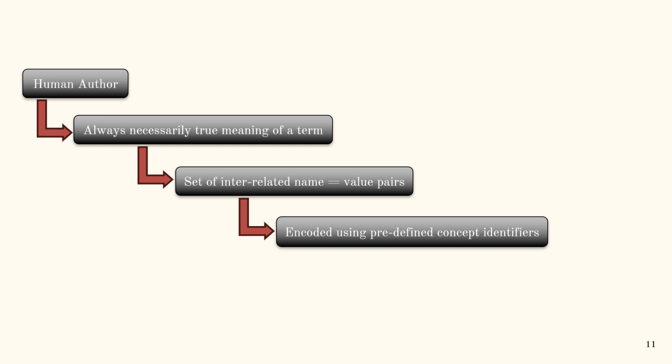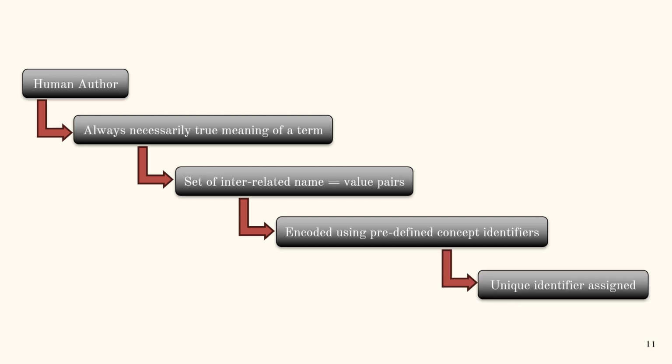This set of encoded predefined concept identifiers becomes the encoded form of the definition, which is then assigned a unique identifier. Now here, it is important to mention that the meaning of a term must be unique.